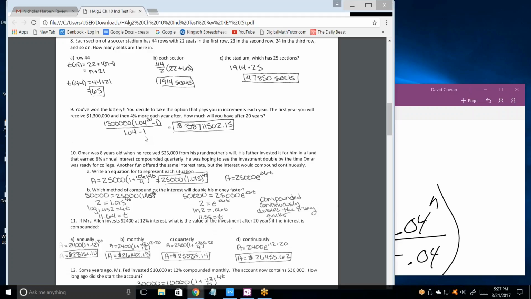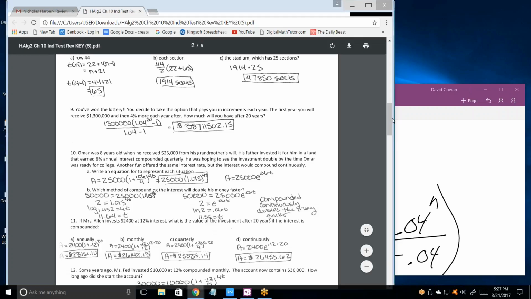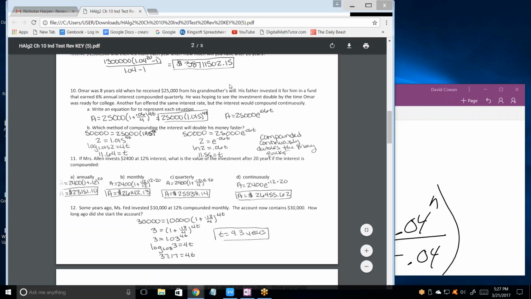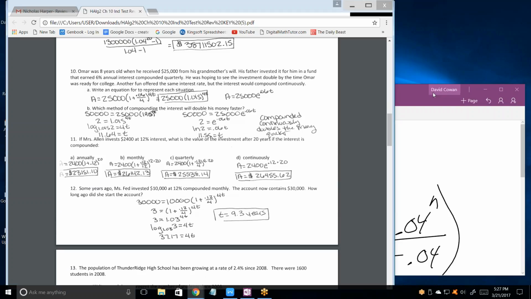All right, let's move on. The major thing was that there was a geometric sequence that I mistakenly thought was an arithmetic sequence.